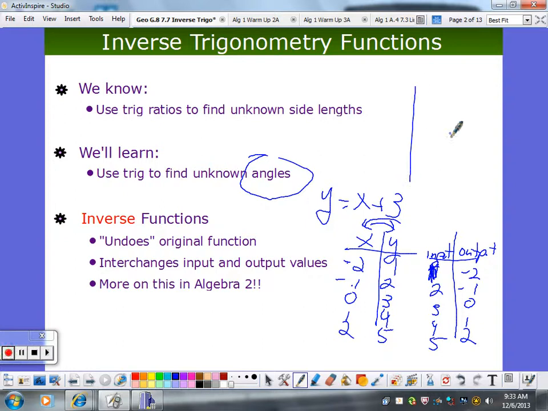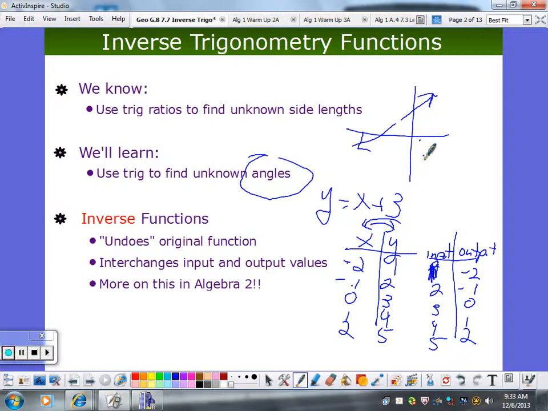So basically, if you were to graph this, there's x plus 3. So if I'm swapping them, what happens to this graph? What happens to it? It becomes reflected in what way? Well, okay, let's just look at it.